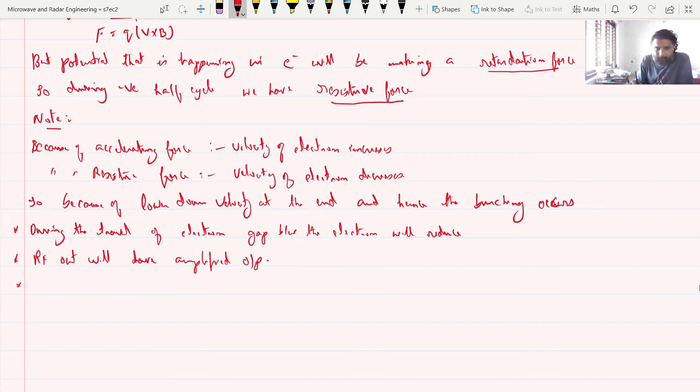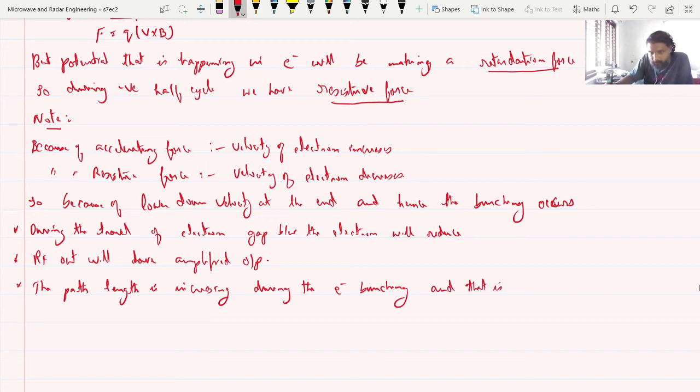Clear. So once it travels, the path length is increasing during the electron bunching, and that is why it is making a slow wave structure.